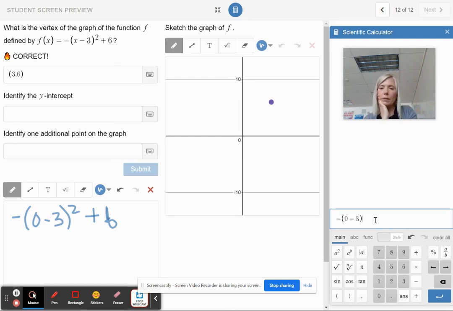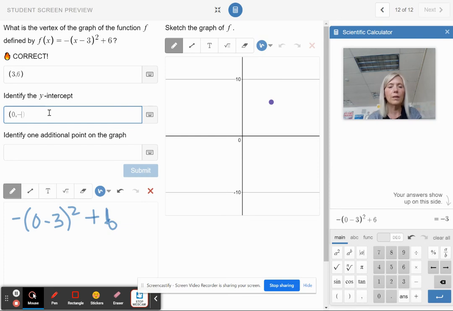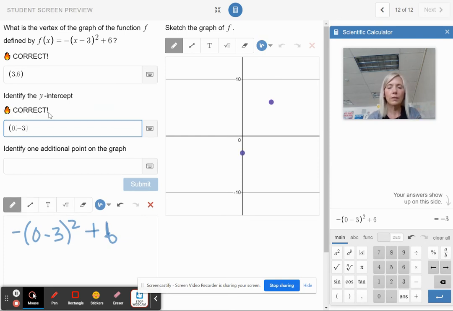Oh, here we go. It's just taking a little bit of time. Squared, and then plus 6. And the answer is coming, it's thinking... -3. So when x is 0, y is -3.